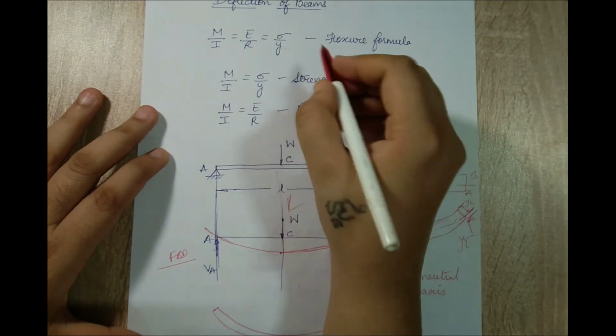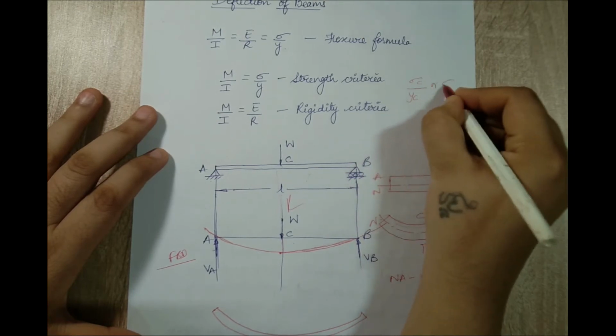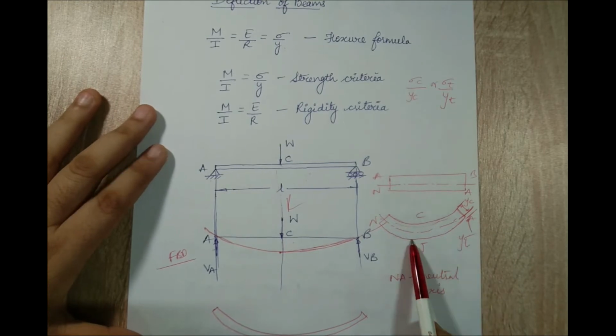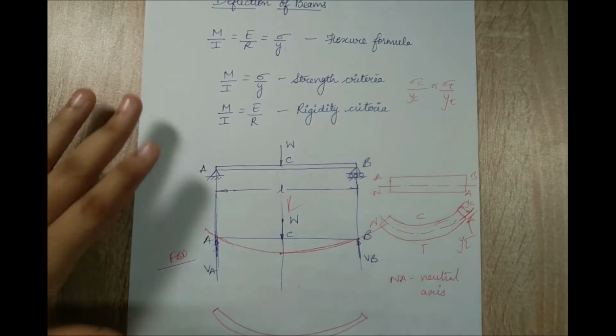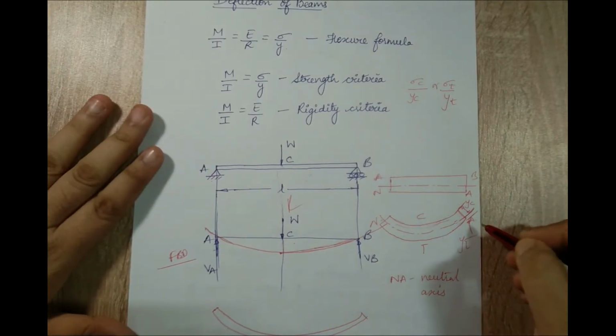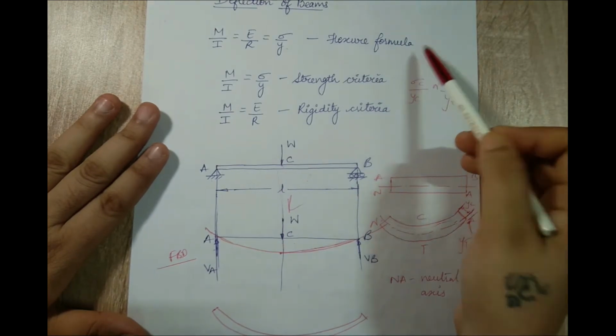If I write in terms of tension, I can write this as sigma c upon yc or sigma t upon yt. If I talk about the last layer, because the last layer is the one which is subjected to the maximum amount of either compression or tension. So these are all the terms of flexural formula.